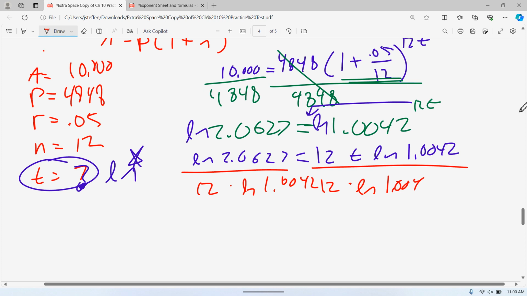So natural log of 2.0627 divided by 12 times the natural log of 1.0042. There we go. So I end up getting my t, because these cancel, t's all by itself: 14.04. Technically, that would round up to 15, but whether you put 15 or 14 or 14.04, I don't care, as long as it's somewhere in that range.